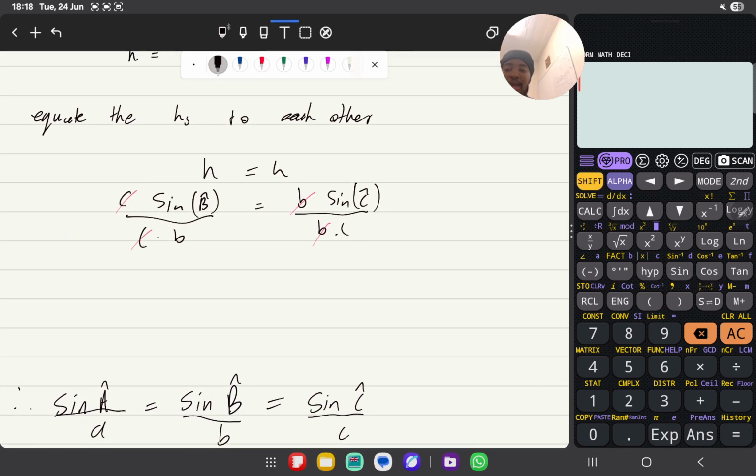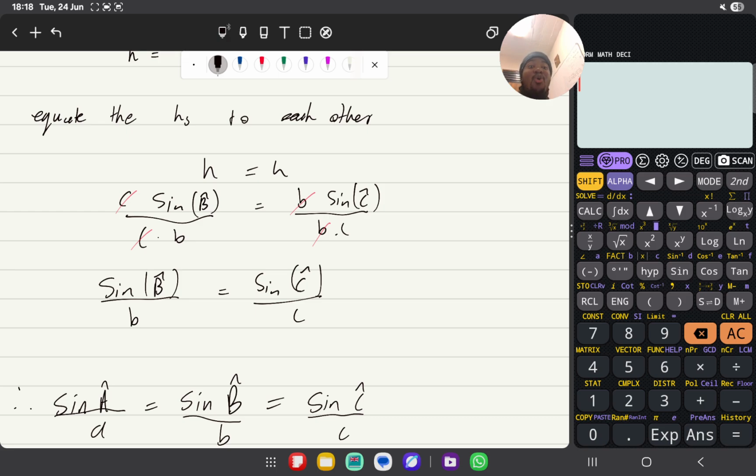So overall what you will end up having is sine B over B equals sine C over C. Do you get it? Yeah, that's what we have.